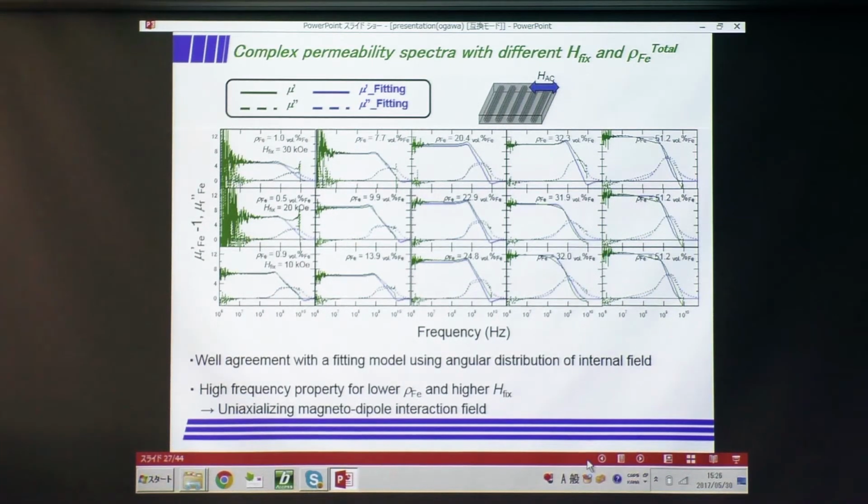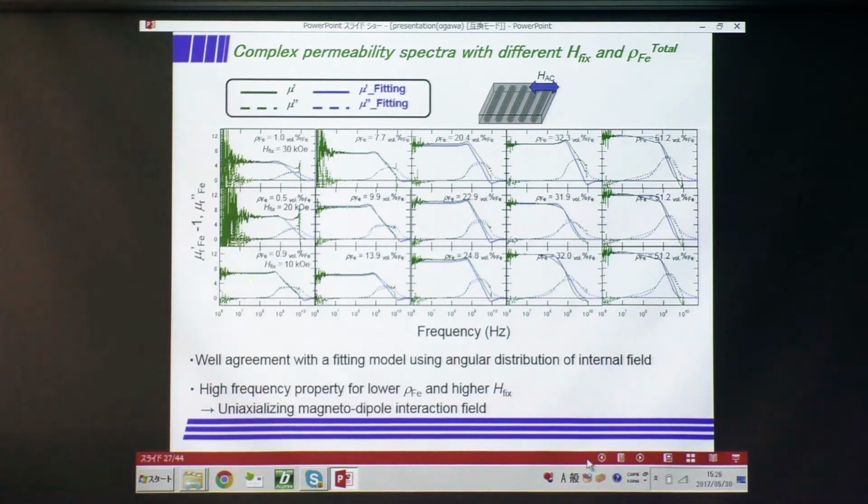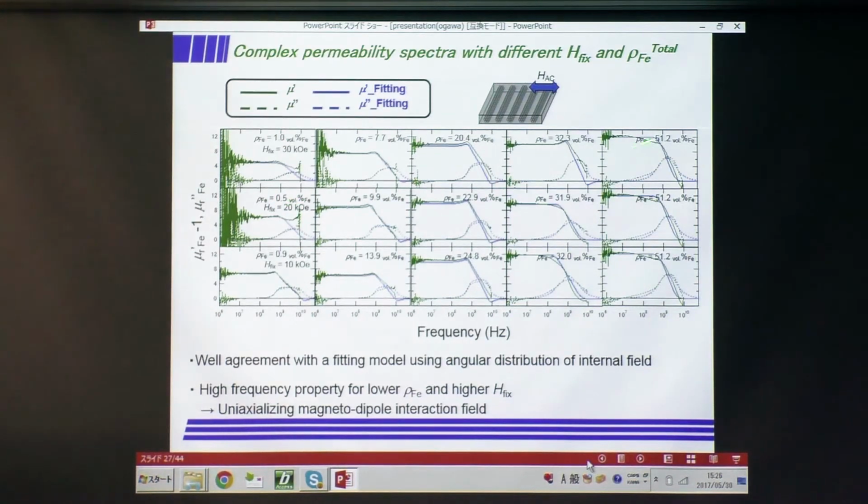And this is a complex permeability spectra with various kinds of process parameters, with concentration from 0.5 to over 50%, and also with H-fix of 10 kilo-oersted, 20 kilo-oersted, and 30 kilo-oersted, like this way.